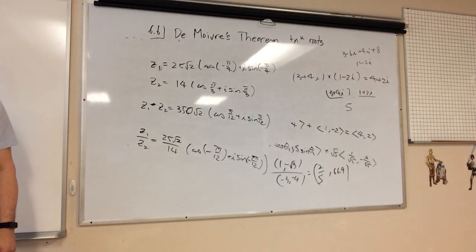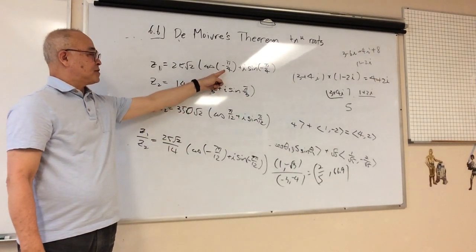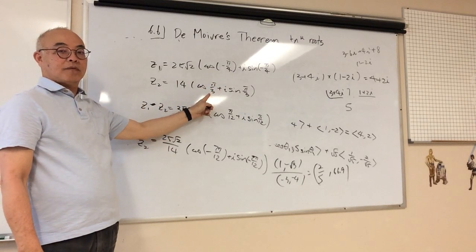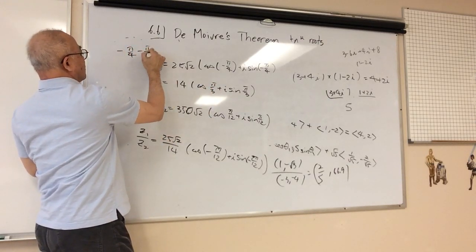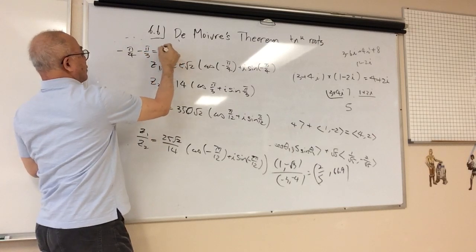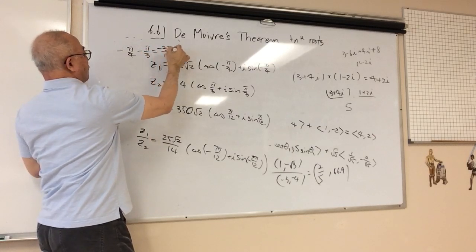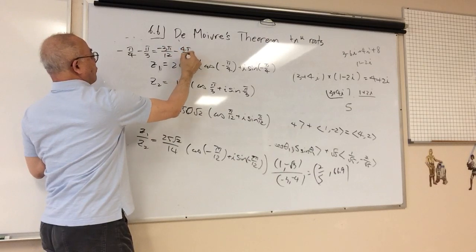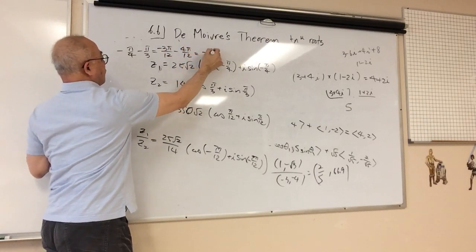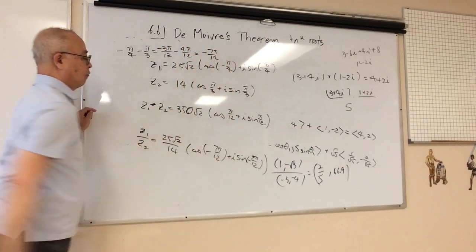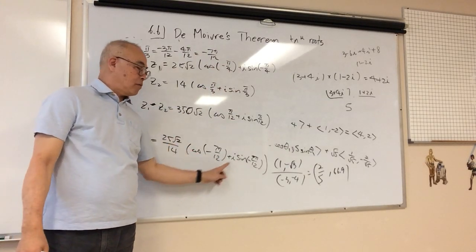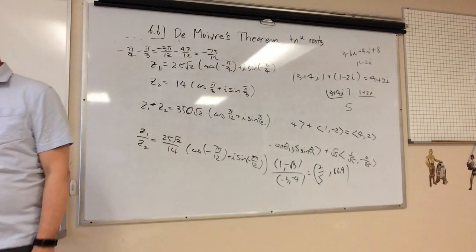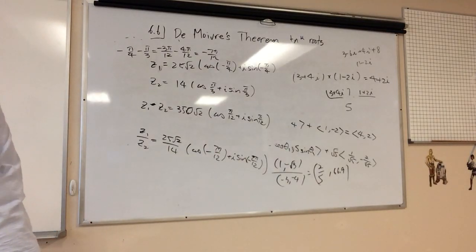Okay? This minus this, right? So it's going to be negative pi over 4 minus pi over 3. That's how I got that. Right? And we'll stop right here.